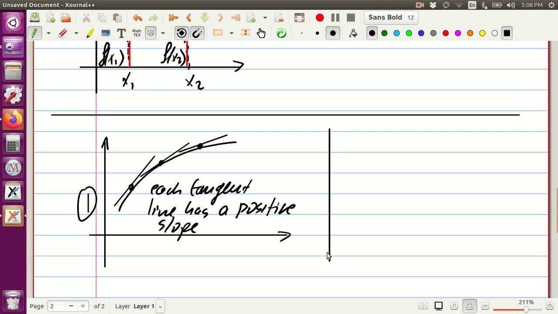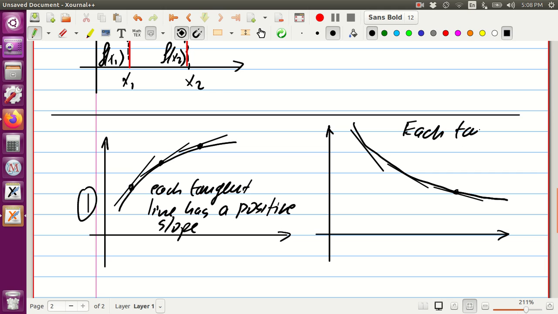The second situation that we had was a decreasing function. If we have a decreasing function and if we draw tangent lines, we'll see that all tangent lines have a negative slope. Each tangent line has a negative slope.